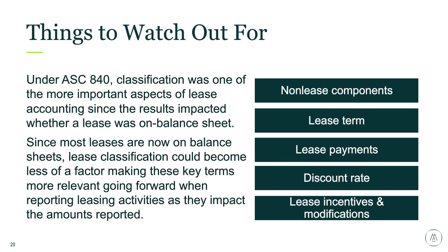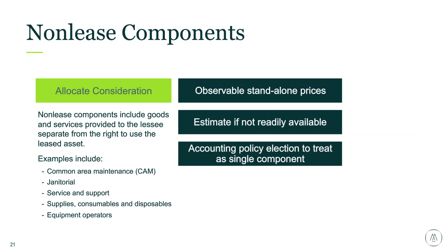So if I go to, for instance, non-lease components, as I said, GAAP wants you to capitalize the right of use asset, but oftentimes leases have embedded service contracts in them. And GAAP doesn't want you to capitalize those service contracts, so they want you to carve out these non-lease components.